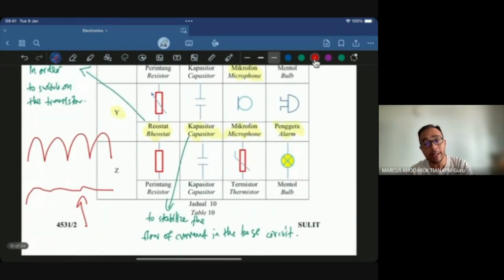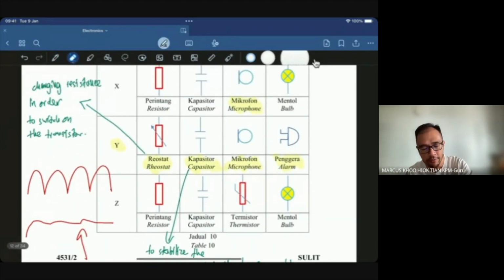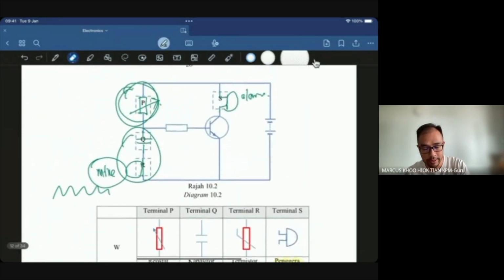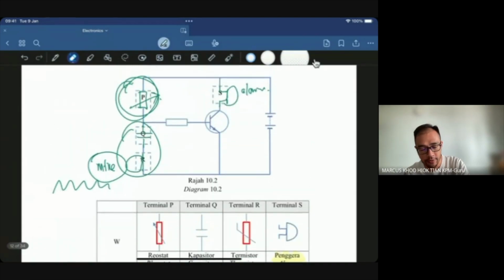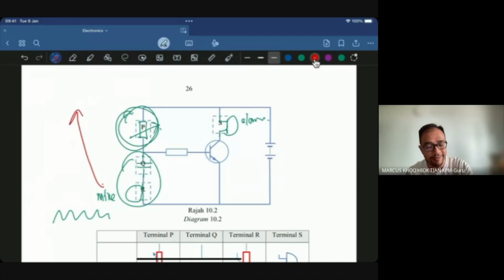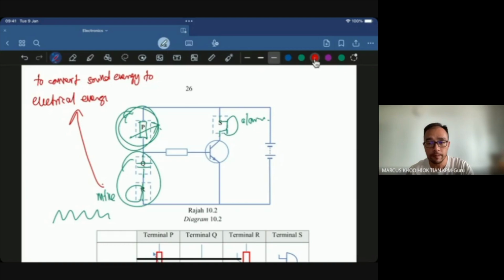Microphone, I think the easiest function of the microphone. Oh dear, I don't have space to write this. You know what? I'm going to write this over here. The function of the microphone is to convert sound energy to electrical energy. Okay, this is a physics answer.